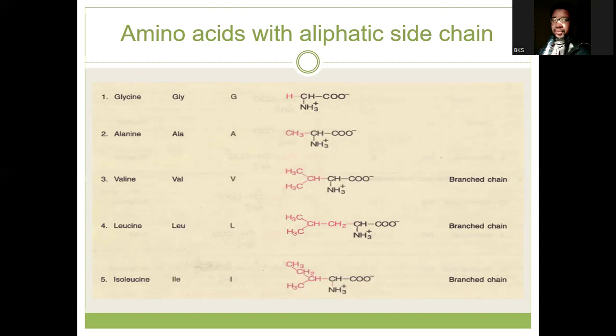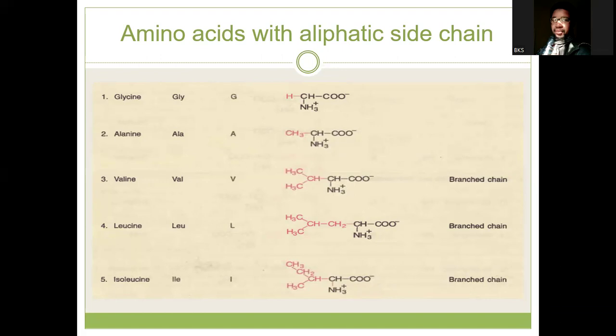While in isoleucine, the branch is still maintained in the beta carbon, but one of the branches is longer than valine because one of the branches has 2 carbons, 2 methyl groups, while one of the chains is only 1 methyl group.